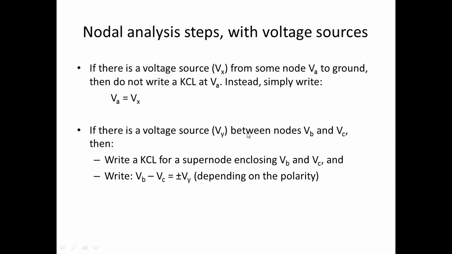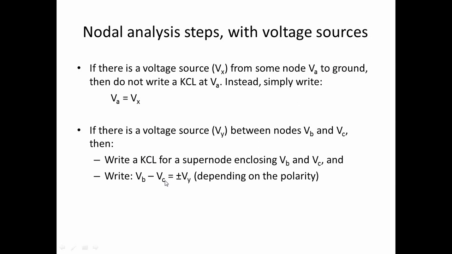If the voltage source is connected between some nodes VB and VC, then we will write a KCL for a node that encloses VB and VC. So we'll get one less equation, and then we'll add one equation by writing VB minus VC equal to Vy, which is the value of the voltage source. This will be plus or minus depending on the polarity of the voltage connection between VB and VC.